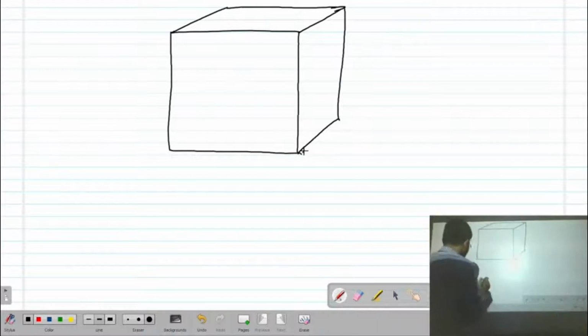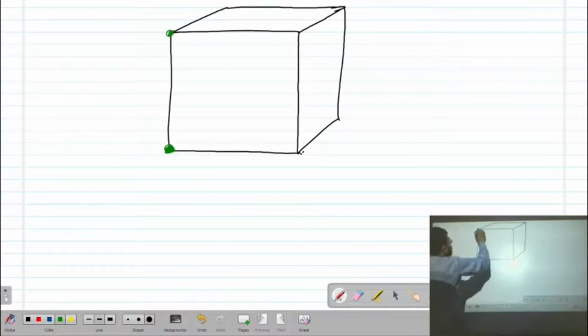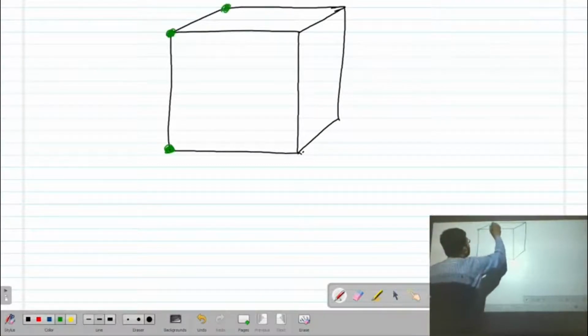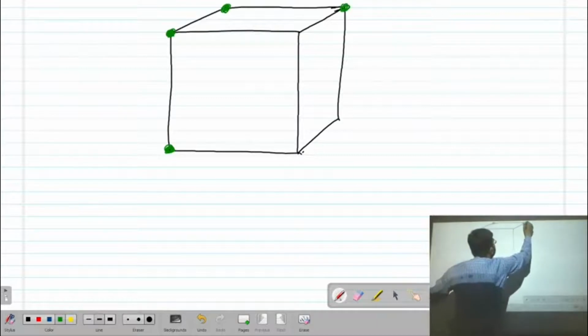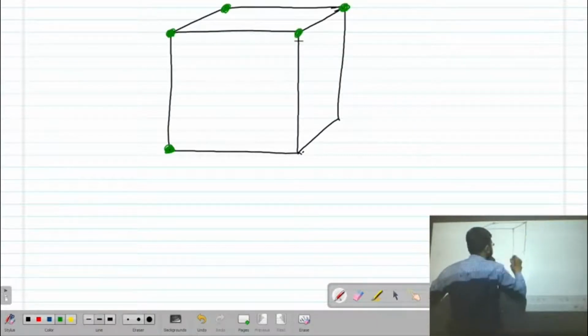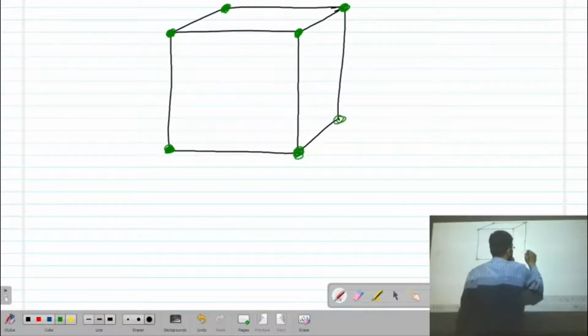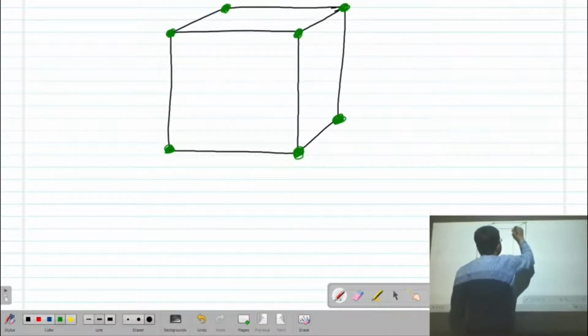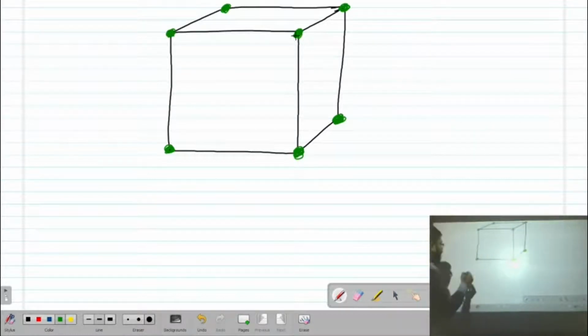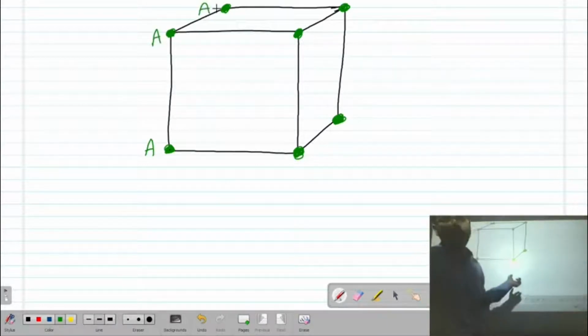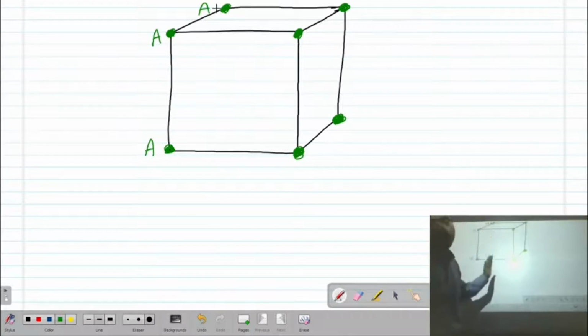This is a cube. Over here, this is one atom, this is another atom, and this is also another atom. All corners have the same kind of atoms. All corners have, let us say, atom A, because all have the same kind of spin, the same magnetic dipole direction.